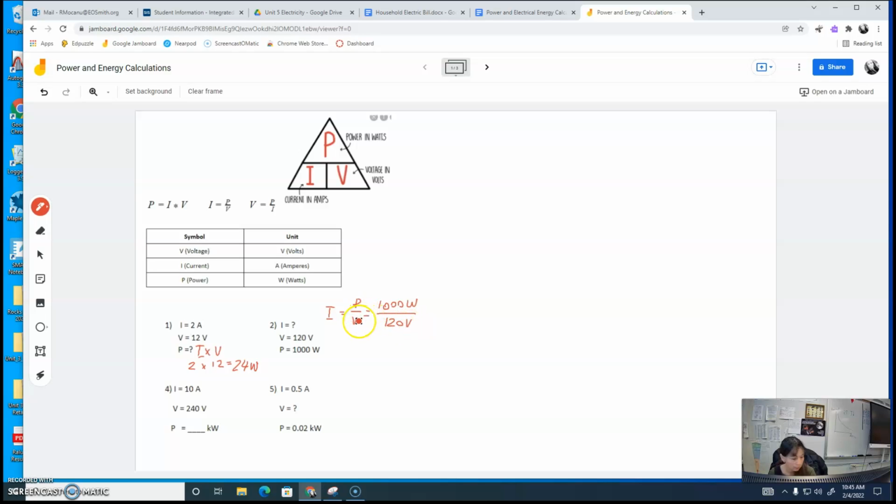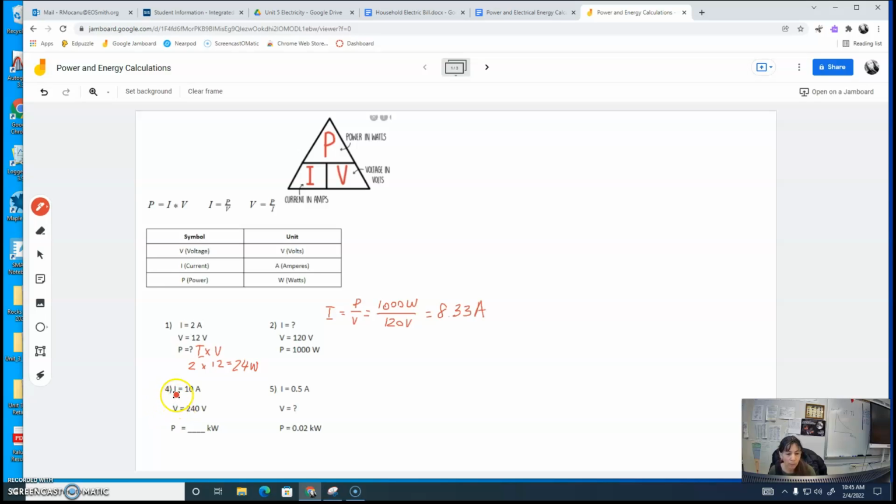If you plug that in your calculator, I believe you will get 8.33. And what is the unit? Don't forget your units, okay? We're dealing with current, that's what we just calculated. Current is in amperes, so capital A is my unit for current, amperes.